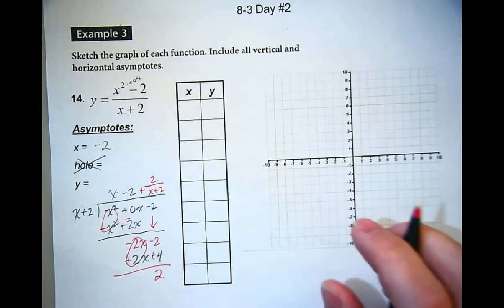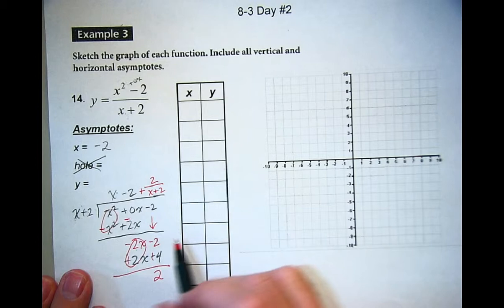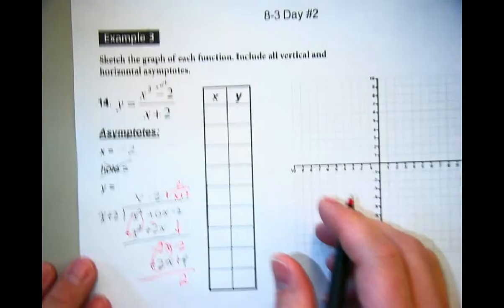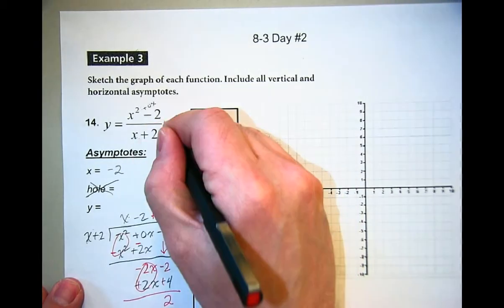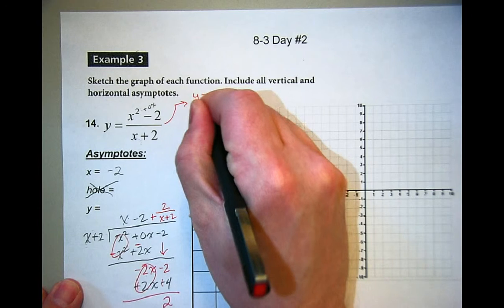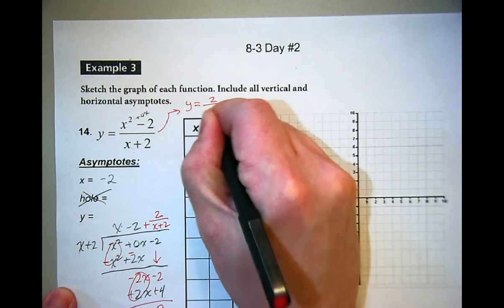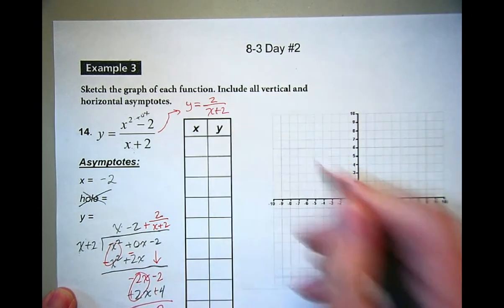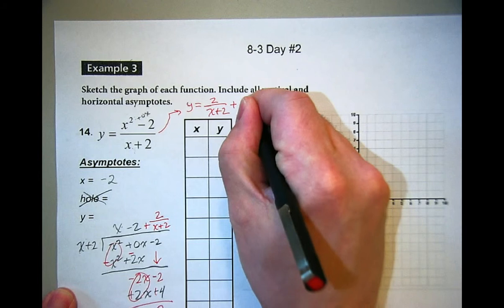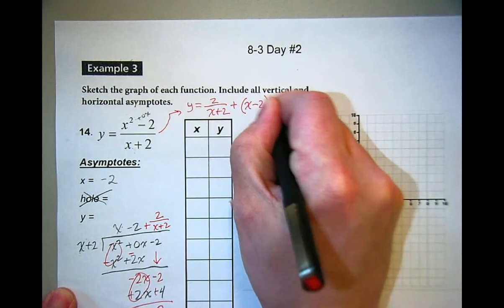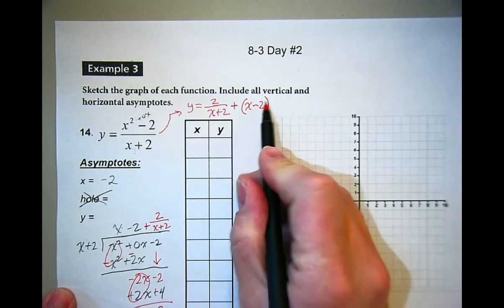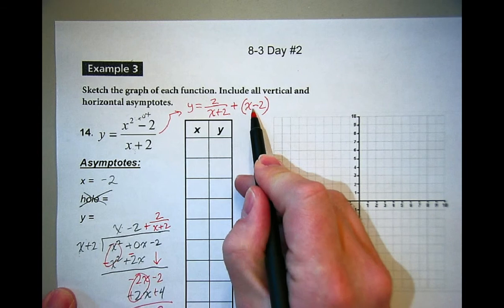All right? So this equation we could now write as y equals 2 over x plus 2 plus x minus 2. That x minus 2, we're in the k position right here.